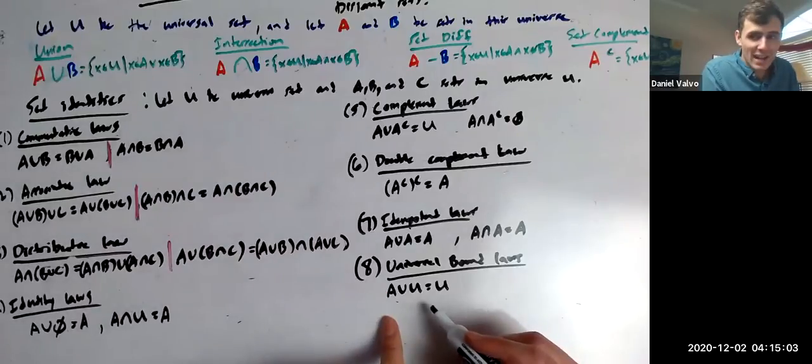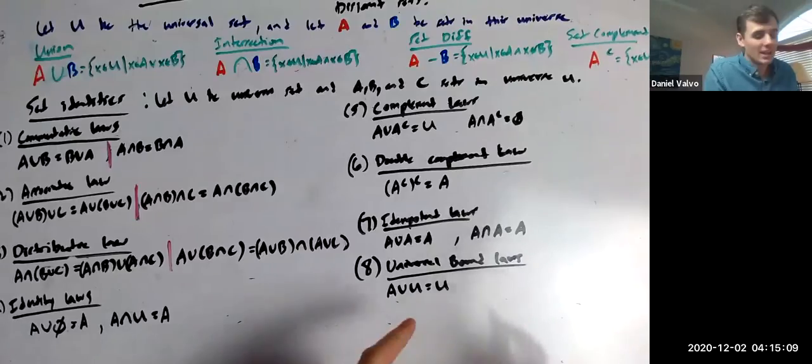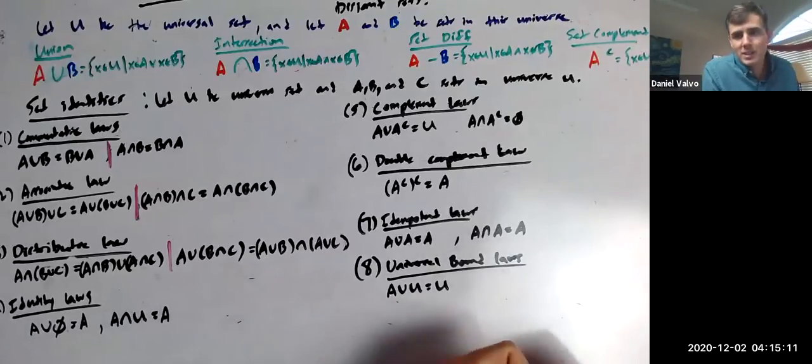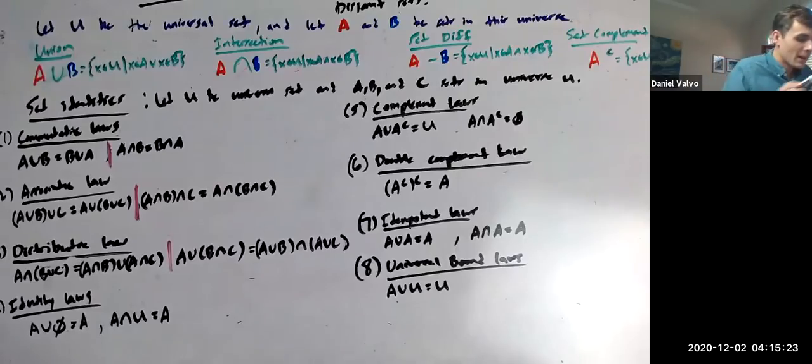So since A is inside U, if you add A to U, we're not really adding anything at all, right? It's like if I said, let's consider all of the North American countries, union Canada. Well, Canada's already in North American countries, so you don't gain anything.